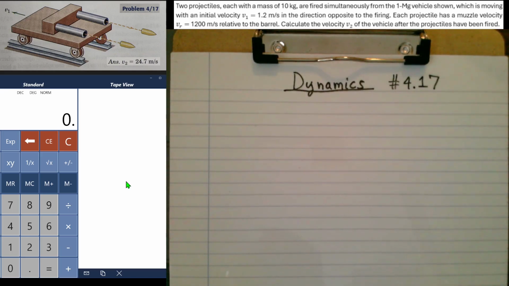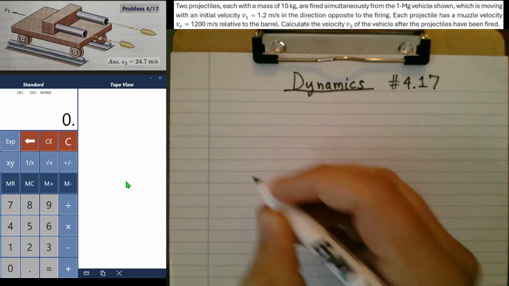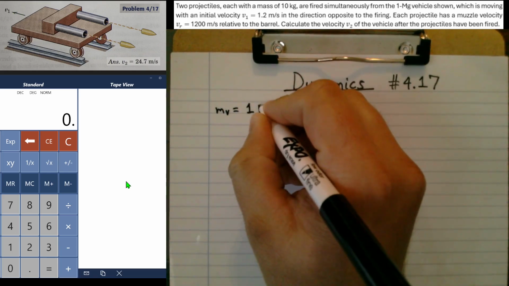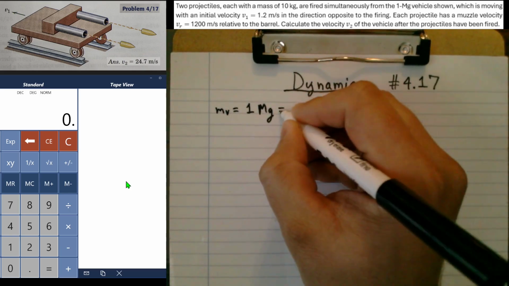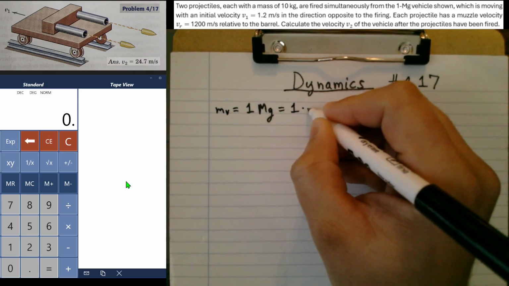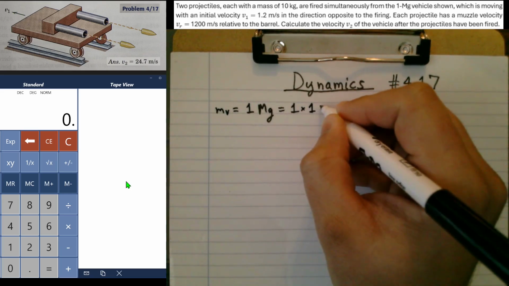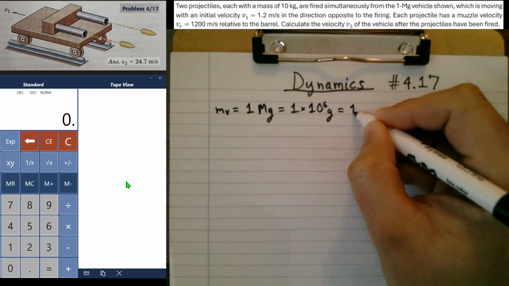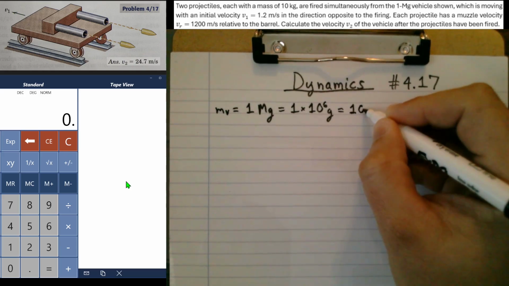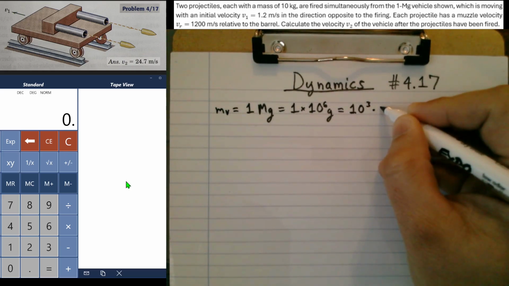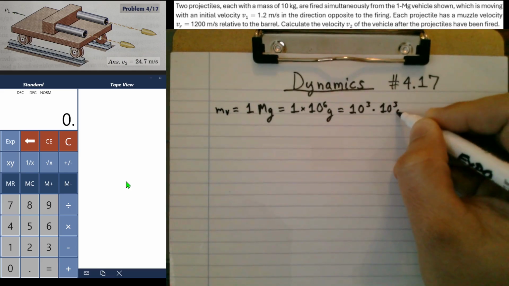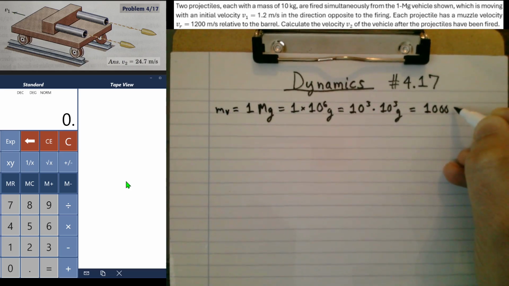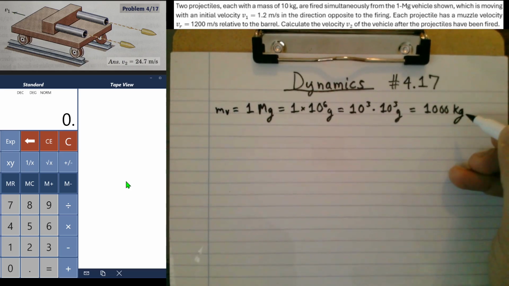Alright, the first thing we're going to do is identify the variables we know. We know the mass of the vehicle is 1 megagram, which is equivalent to 1 times 10 to the 6 grams, which we could rewrite as 10 to the 3 times 10 to the 3 grams, which would be equivalent to 1,000 kilograms.